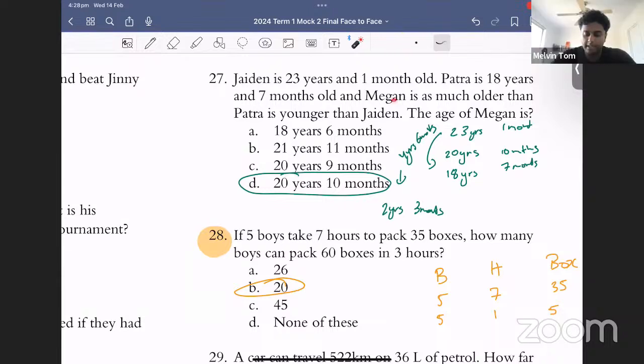It says Megan is as much older than Patra as she is younger than Jaden. So for example, let's say I'm 24 years old and my cousin is 12 years old, and someone says Asher is as much older than my cousin as he is younger than me.